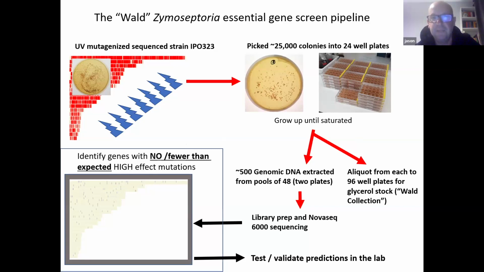Together with an industrial sponsor, we did sequencing of these pools. And basically the whole idea was to identify whether we could identify genes in the genome that had no or fewer than expected high effect mutations, and then to test and validate some of those predictions in the lab.